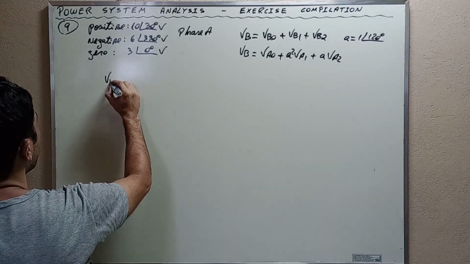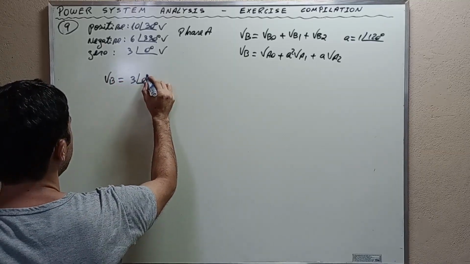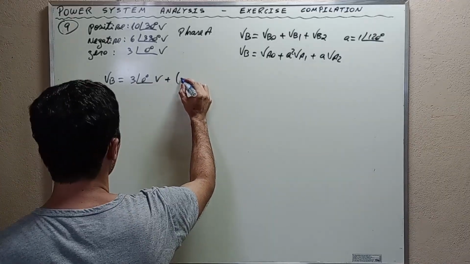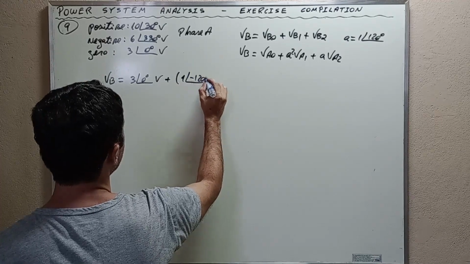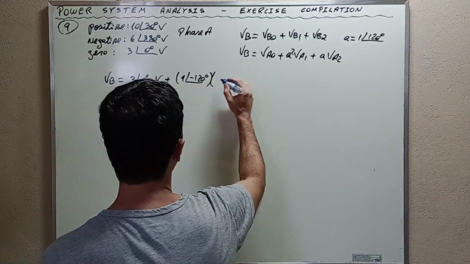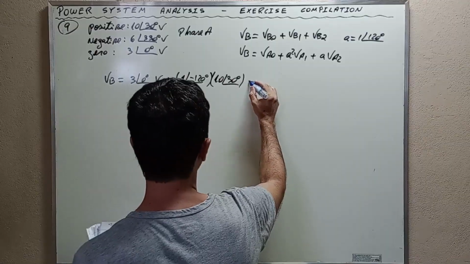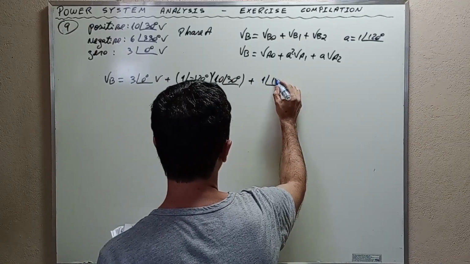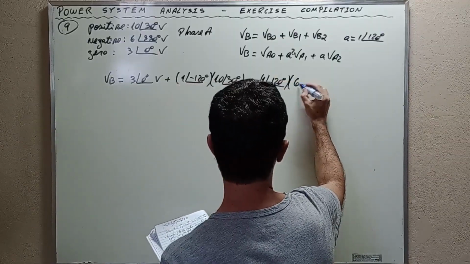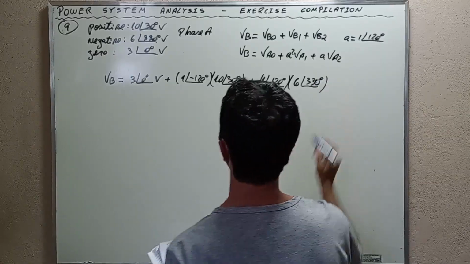VB is going to be equal to 3 phase 0 degrees volts plus 1 phase negative 120 times 10 phase 30 degrees plus 1 phase 120 degrees times 6 phase 330 degrees. Okay?